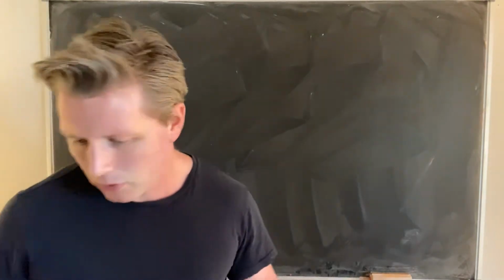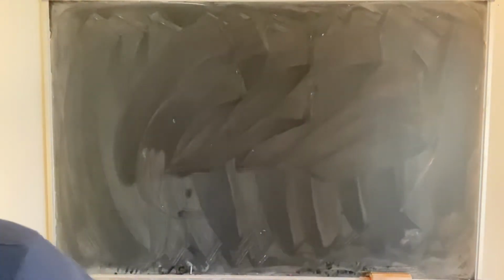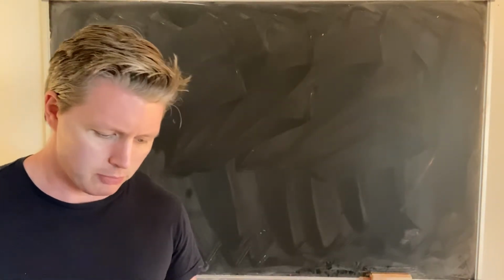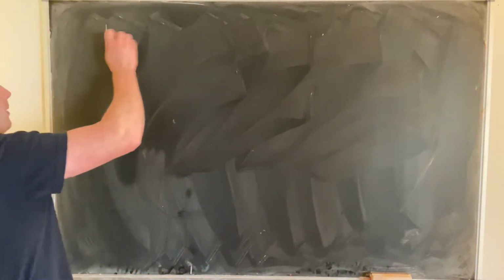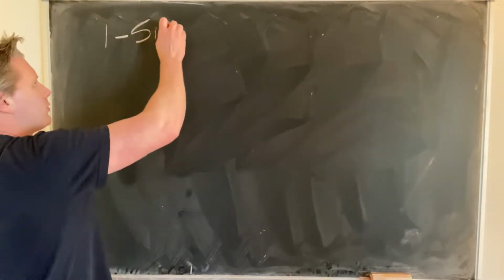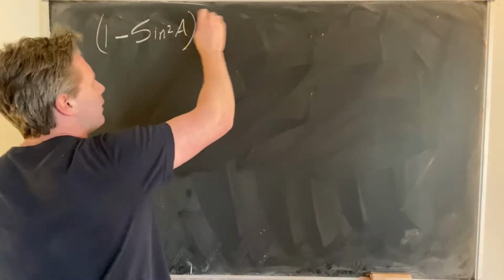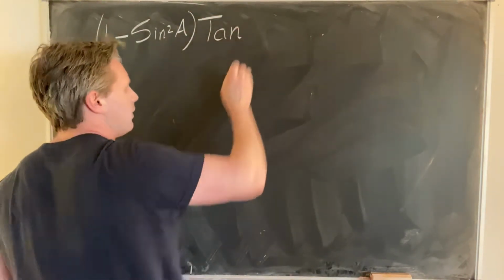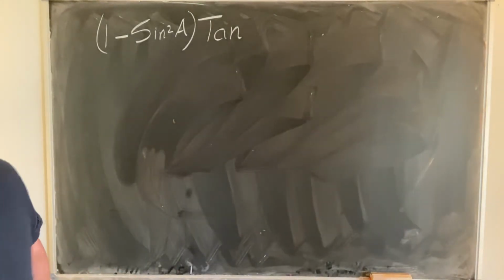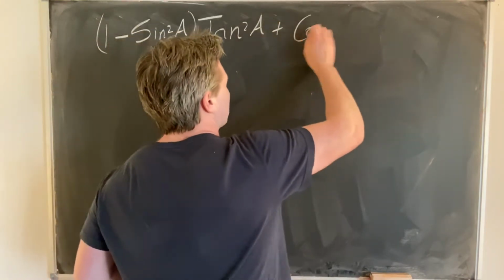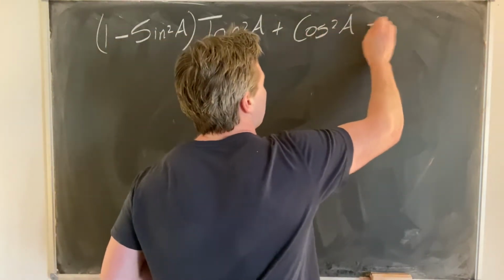All right, I am going to solve problem number 15, which is the following. 1 minus sine squared a times tan squared a plus cosine squared a is equal to 1.